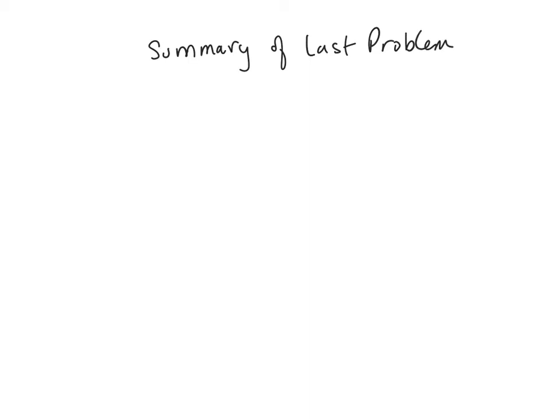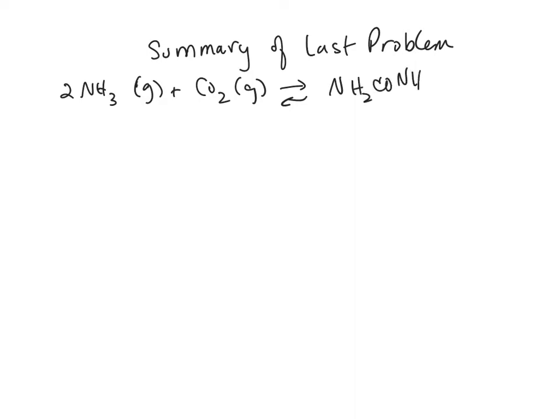Anyway, let me do a little summary of the last problem from video 2. We were looking at ammonia in the gas phase and CO2 in the gas phase, forming urea, solid, plus H2O liquid.